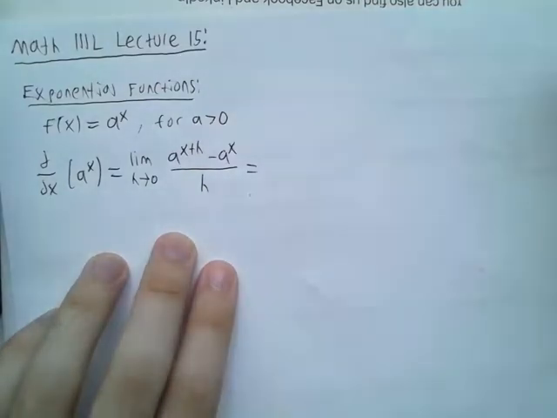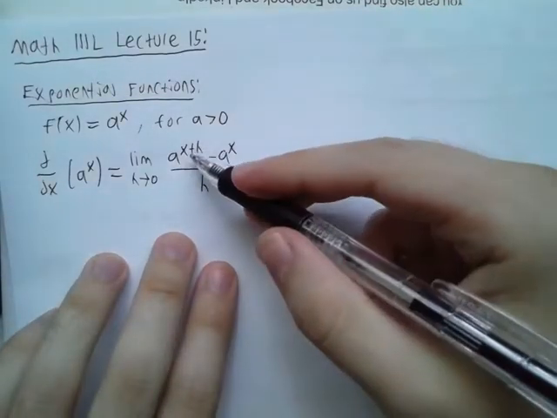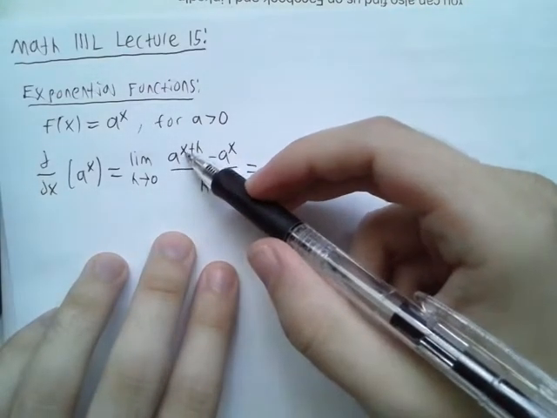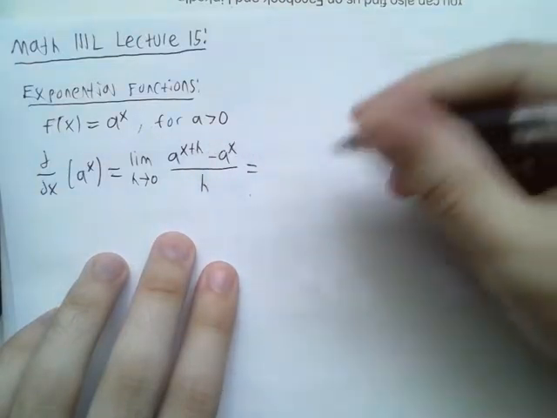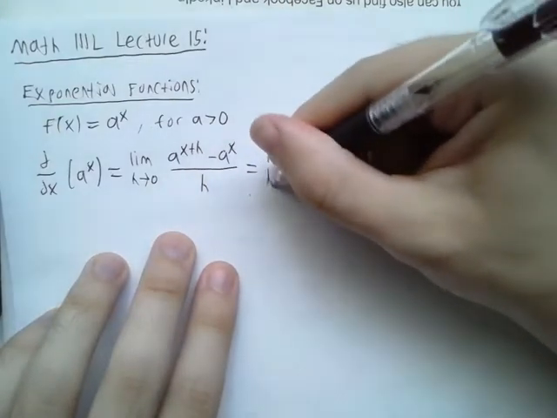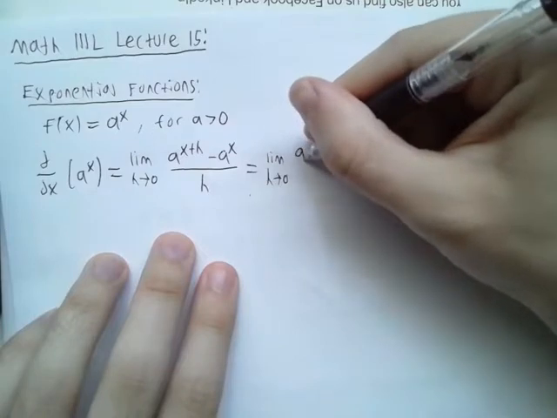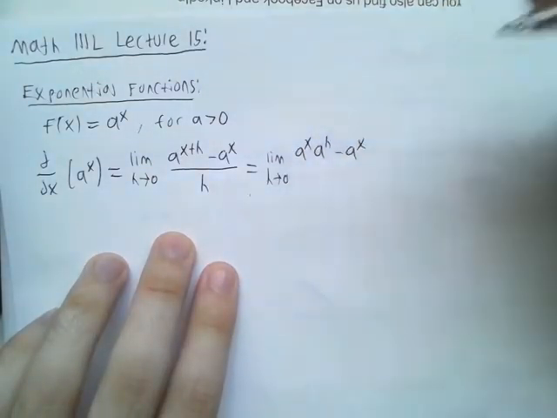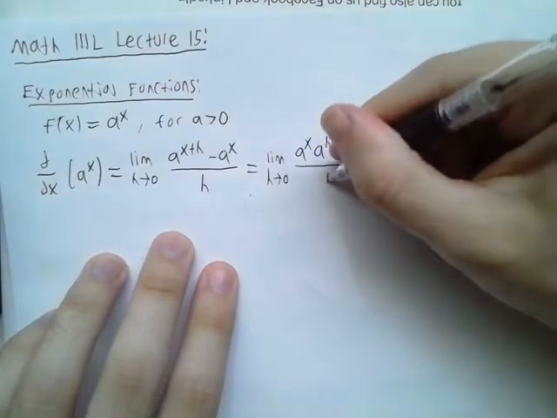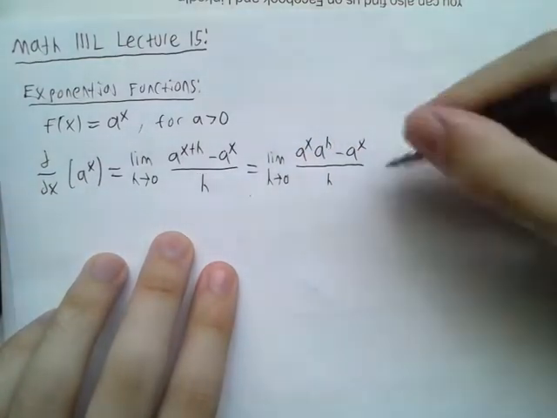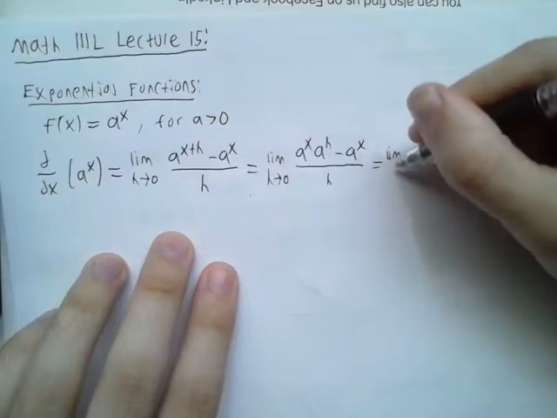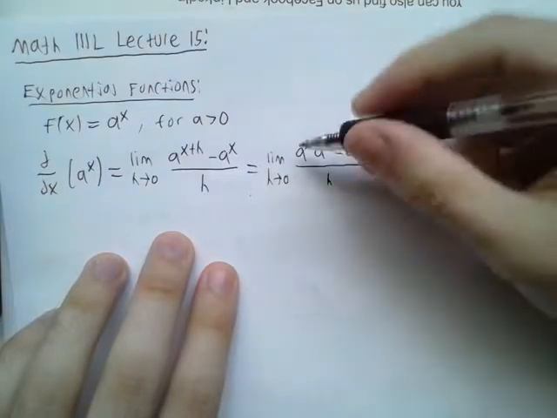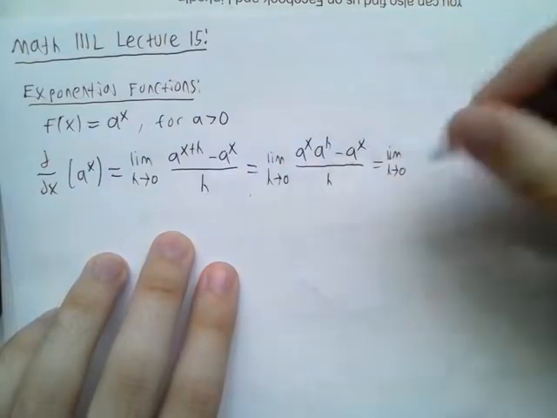So now we can apply some properties of exponents. Particularly if we have a to a sum of two powers, we can split it up as a product. So this is the same as the limit as h goes to 0, a to the x, a to the h, minus a to the x, divided by h. So that's just properties of exponents. Then we see that we have an a to the x in both these terms here.